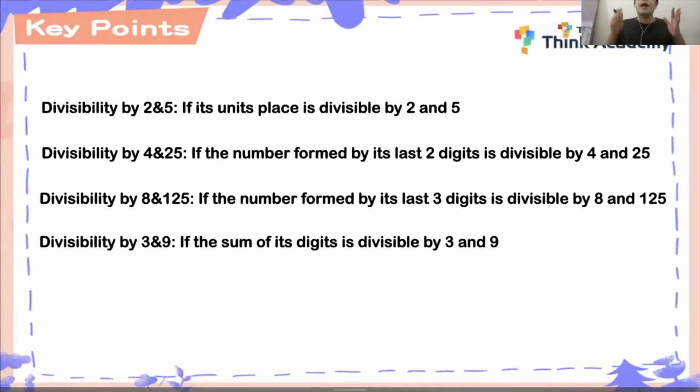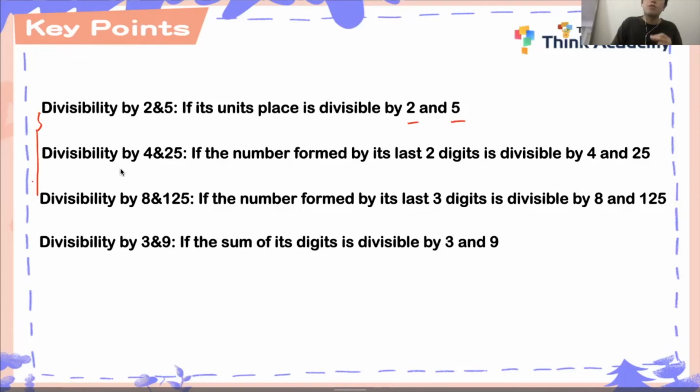Okay, and we just move to the last key point. That is the divisibility rule. We should have 3 rules by ending digits. For 2 and 5, we only focus on the last digit. If the last digit is a multiple of 2 or 5, this number is divisible by 2 or 5.